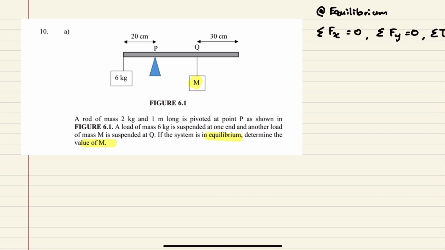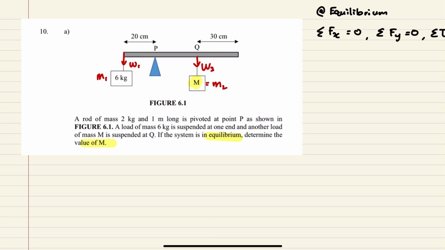Number one, the force on this body, our body is the plank itself. The force acting on the plank, number one, is the weight of the 6 kg. I put this one as M1, so I'm going to call this W1, and I'm going to put this one as W2.